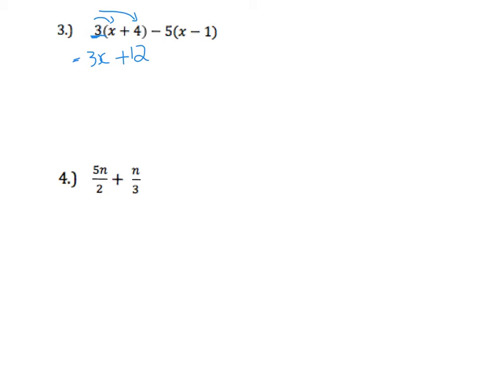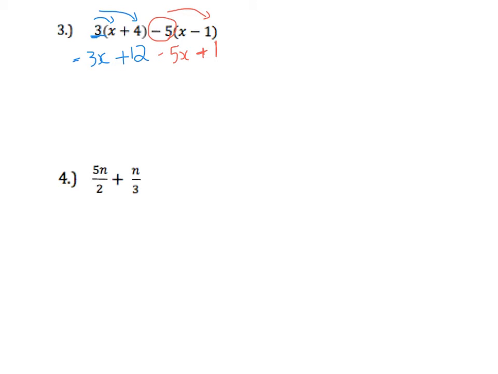Once again, it's very important to remember that the sign in front of the number goes with that number. It's negative 5 times x is minus 5x. And I'll talk about the signs and multiplication again in a later example. Negative 5 times negative 1 is positive 5. I'm not adding now, I'm multiplying.